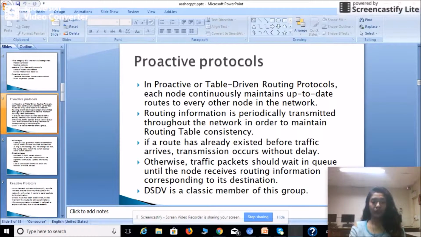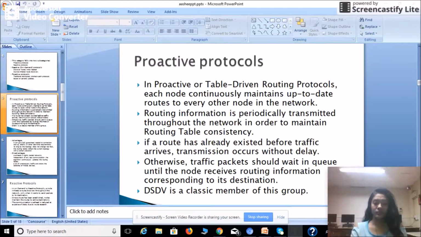If a route already exists before traffic arrives, transmission occurs without delay. That means that if we have already found the path from source to destination, and the source wants to send data to the destination, then it will be transmitted without any delay.